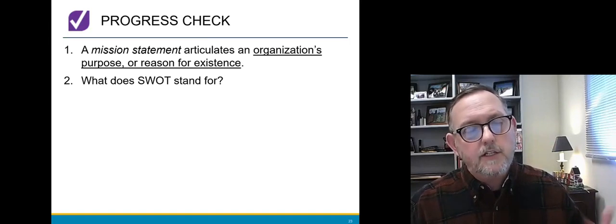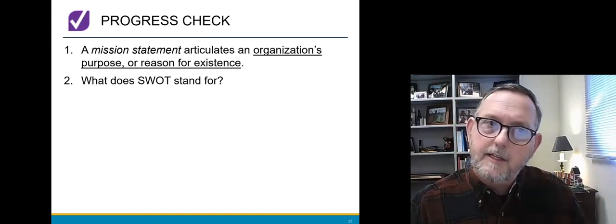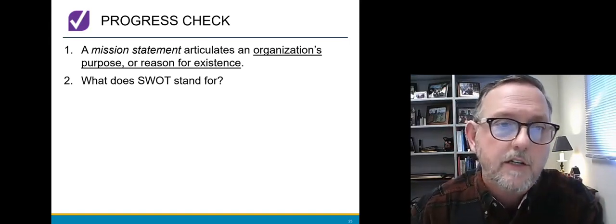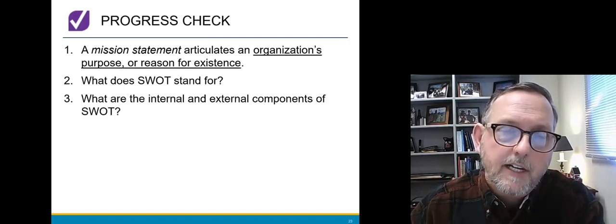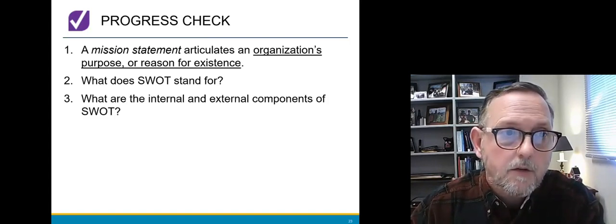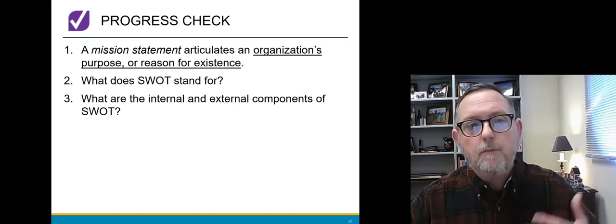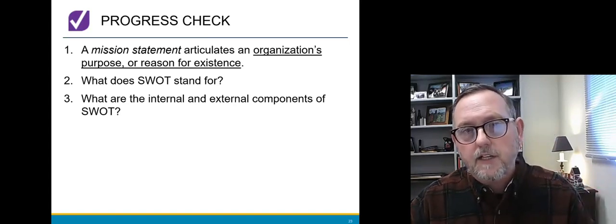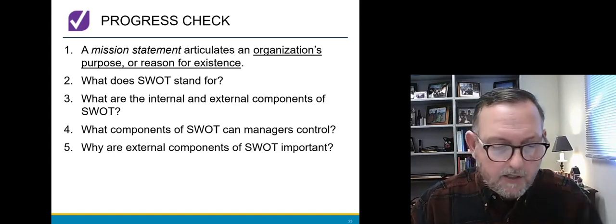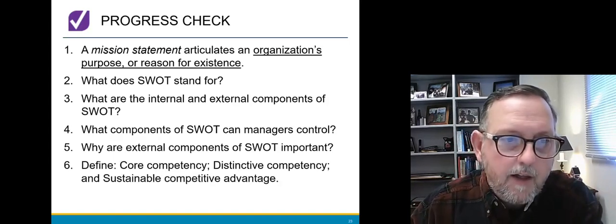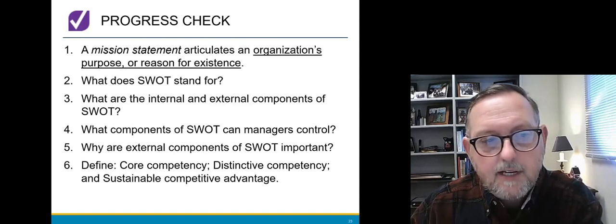Okay, but as you're looking through this, remember that these progress checks are opportunities for you to understand and study from. So know what SWOT stands for, and then follow up with understanding what both the internal and external components are for SWOT, and then follow through with the rest of these steps here.